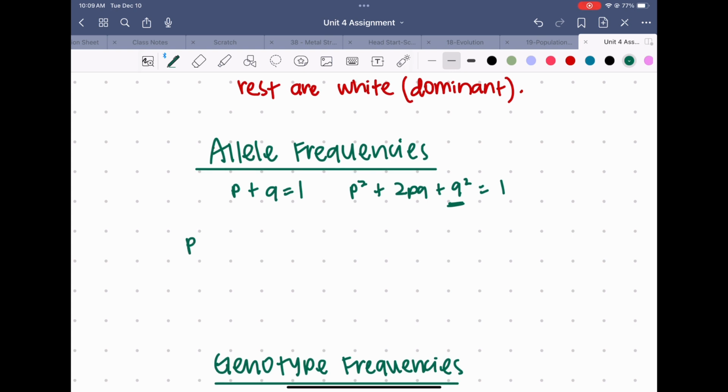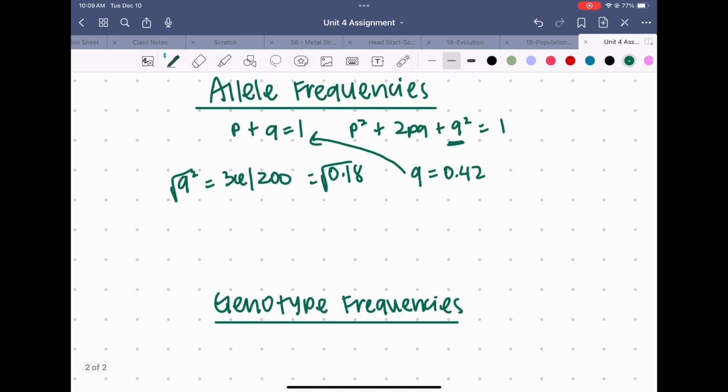So we do Q squared is 36 divided by 200, which, when we calculate that, equals 0.18. And then from there, we can find our Q, so we can plug it into this equation. So since we have squared here, we're going to square root that, and our Q is 0.42.